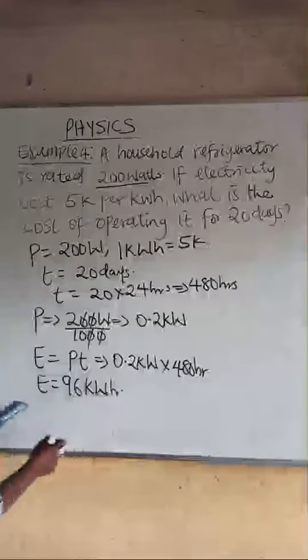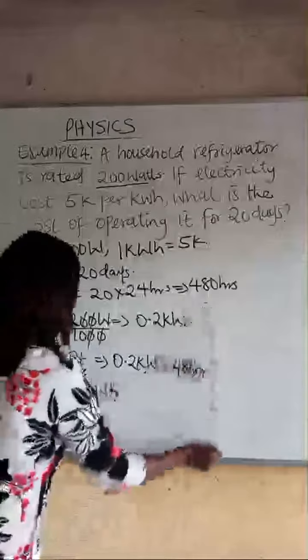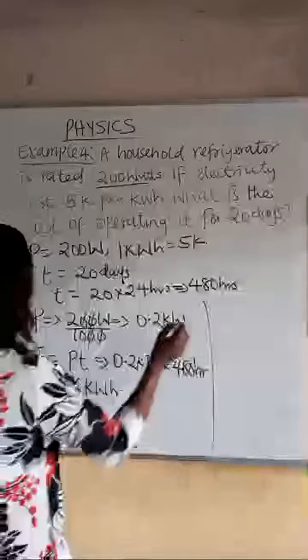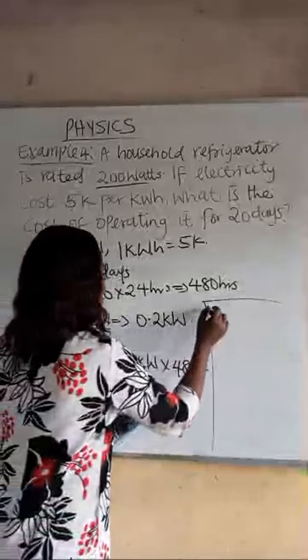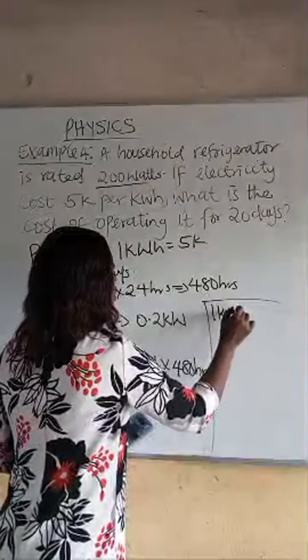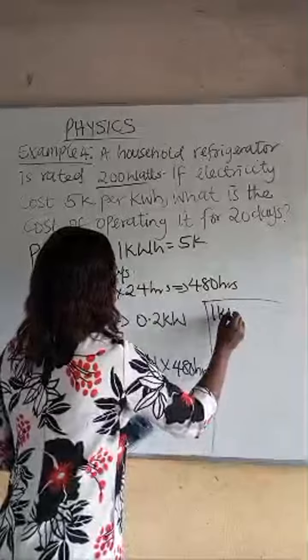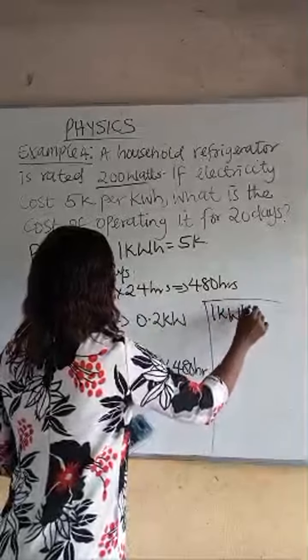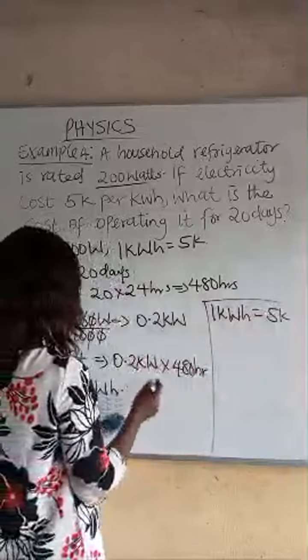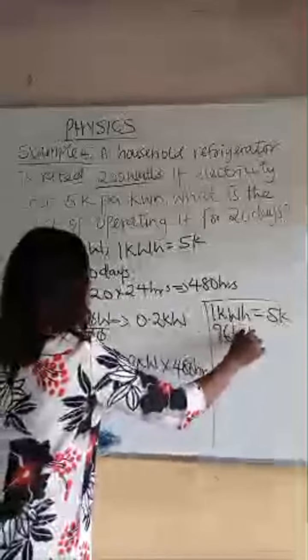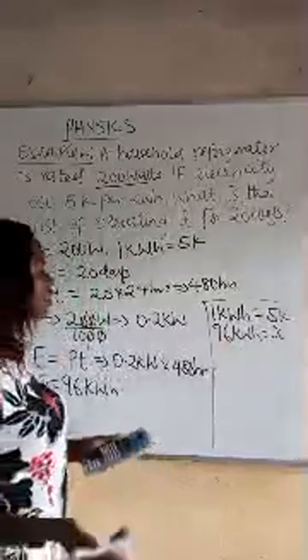But in this question, 1 kilowatt hour costs us 5 kobo. That is a unit. I will now say if 1 kilowatt hour is equal to 5 kobo, therefore 96 kilowatt hours is going to give me X, and that is the cost I'm looking for.